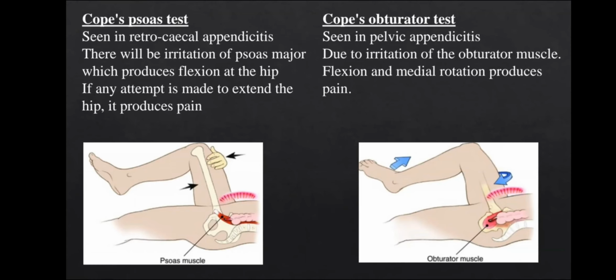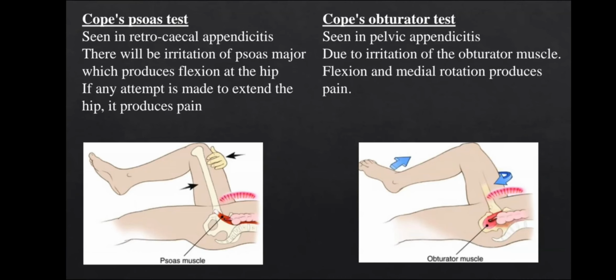Another one is Baldwin's test. When the legs are lifted off the bed with the knee extended, the patient complains of pain while pressing over the flanks. The patient is asked to lie down, the legs are lifted off the bed with the knee extended, and we press the flanks. That time pain will be experienced, and that test is called Baldwin's test.